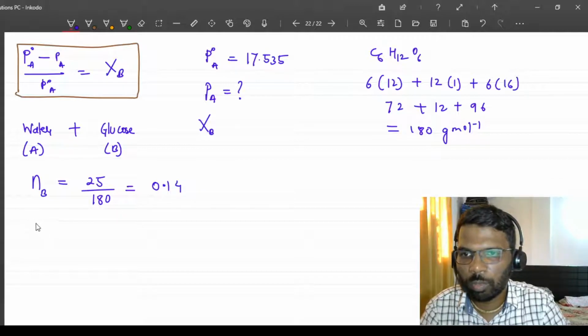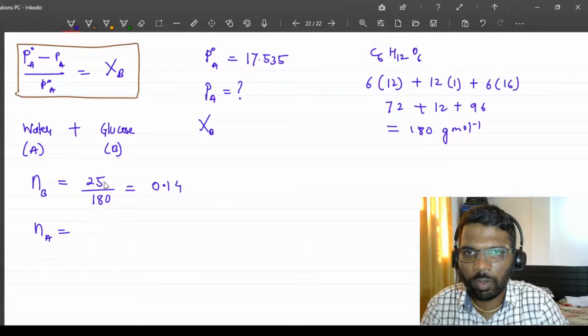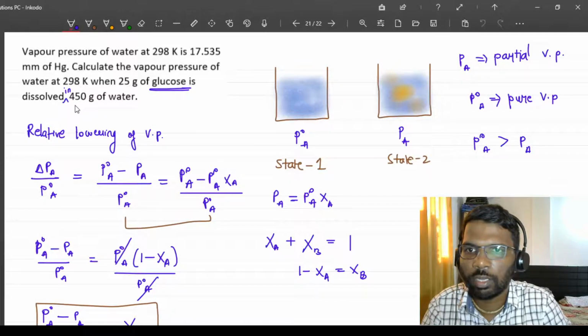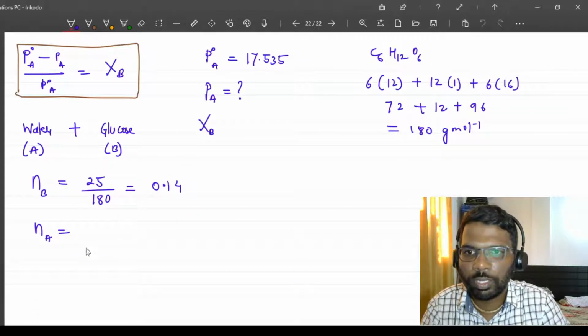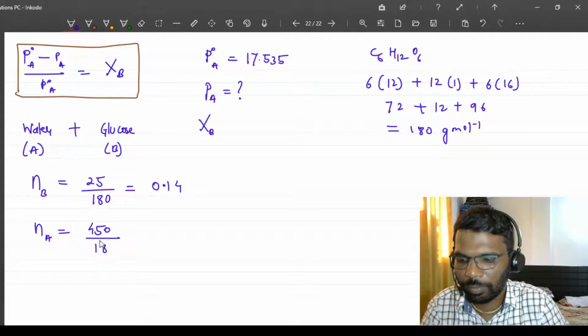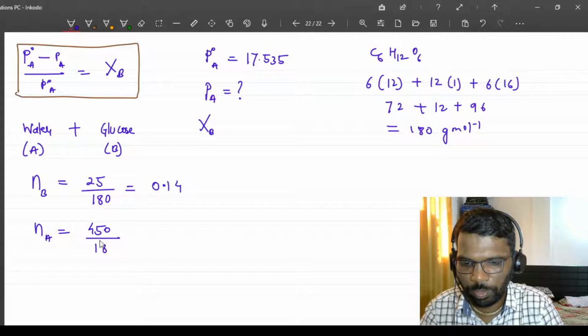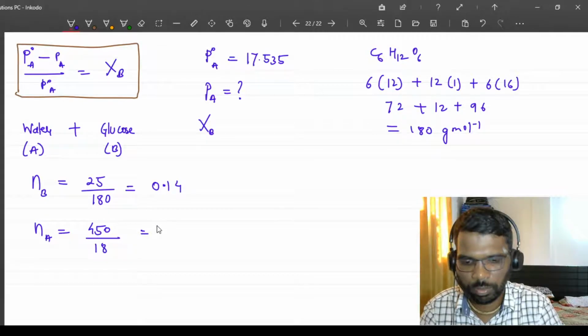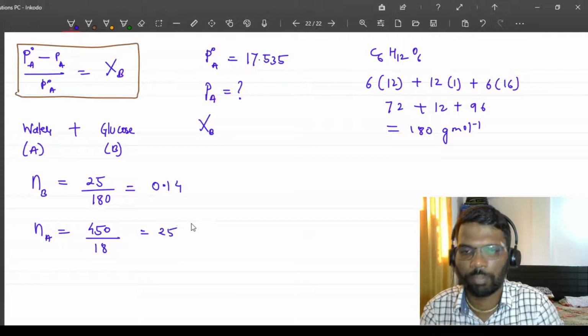The number of moles of water, that is A: the weight taken of the water is 450 gram, so it is 450 divided by 18, which is equal to 25.